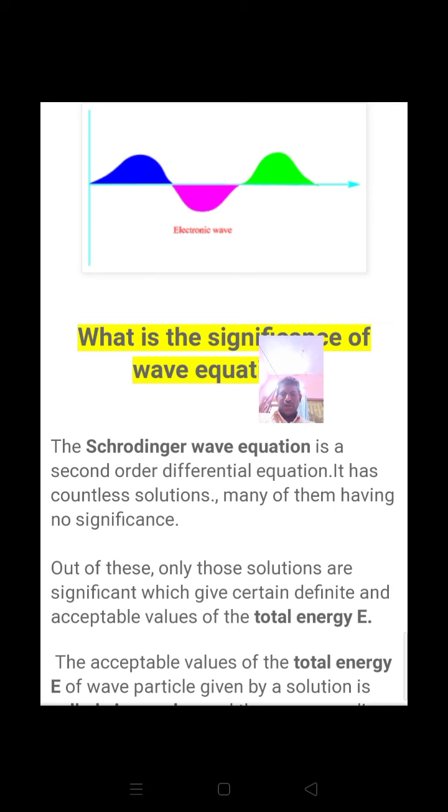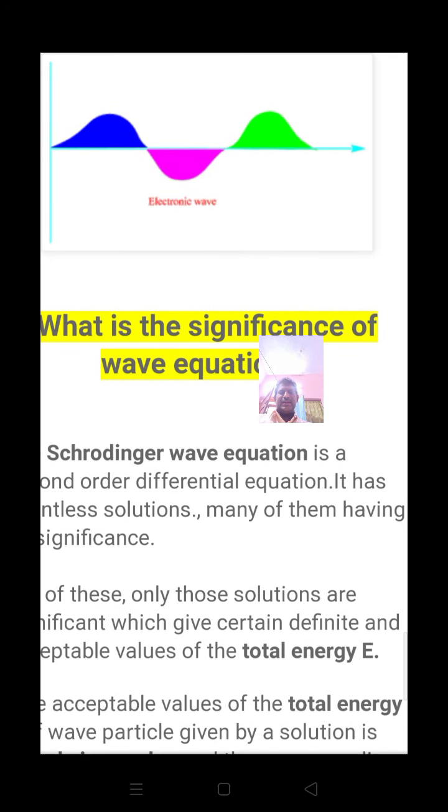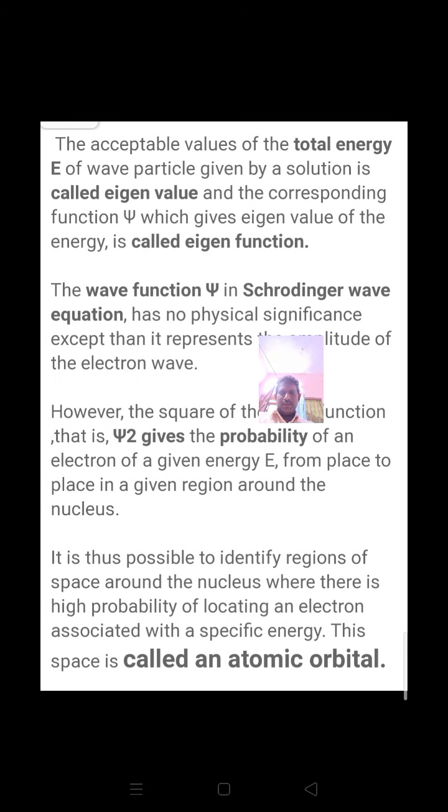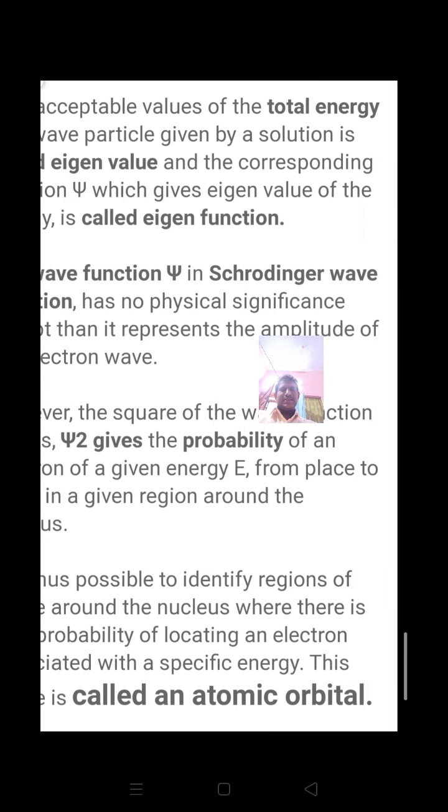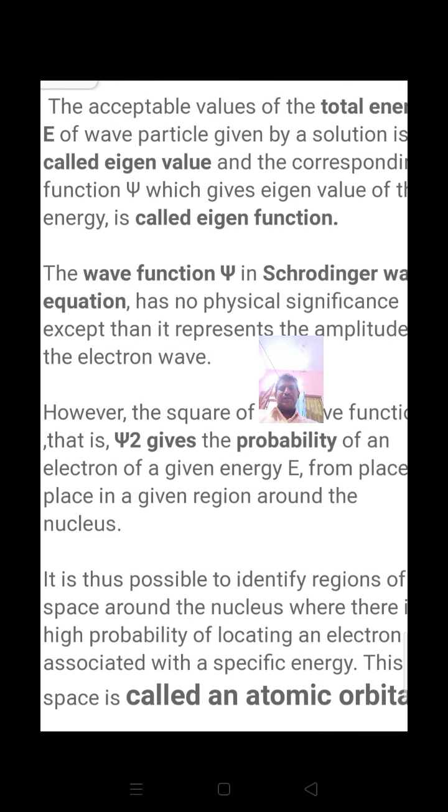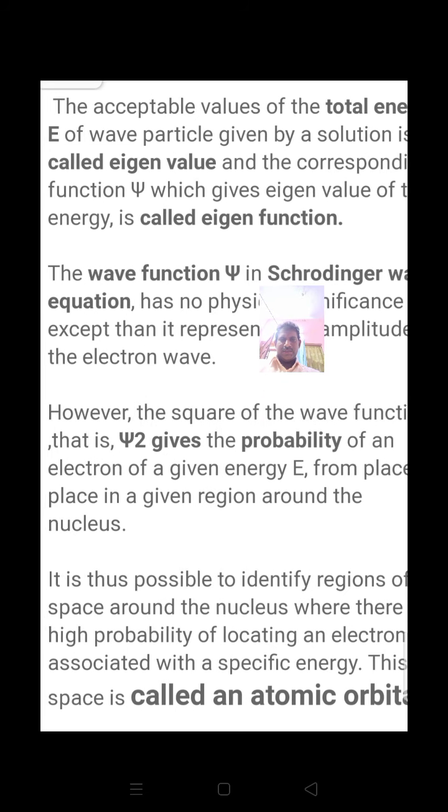It has an infinite number of solutions, but many of them have no significance. The wave function psi has no physical significance, except that it represents the amplitude of the electron wave.